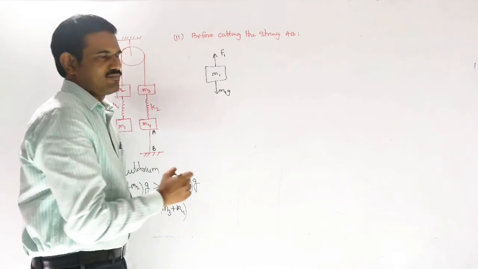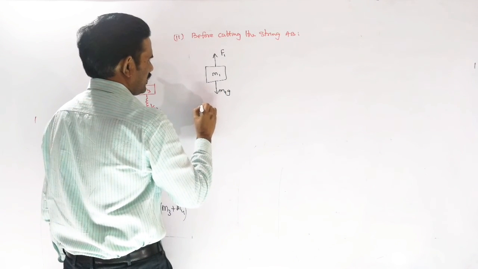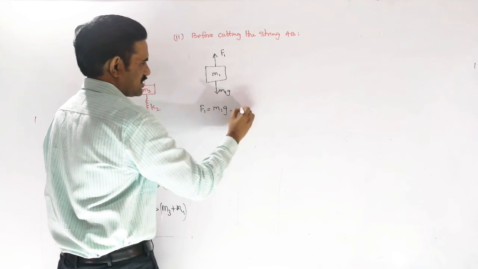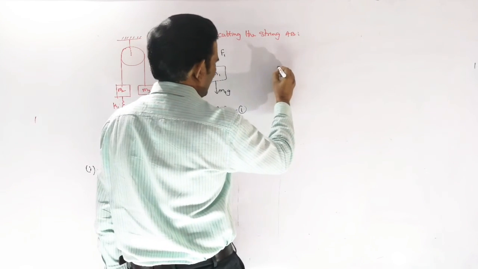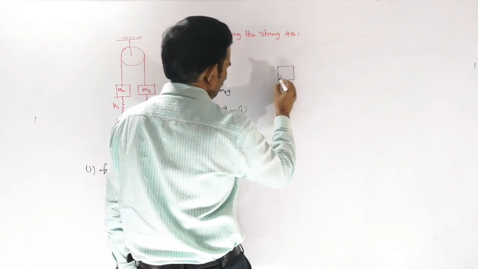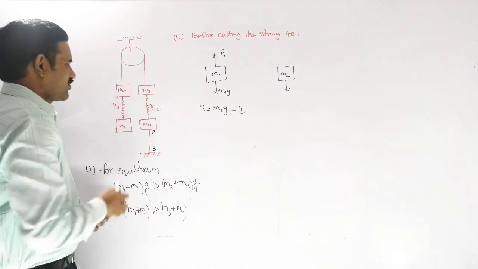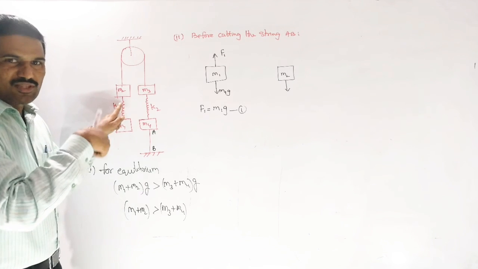It is in equilibrium, right? So what we can write here is F1 is equal to M1G. This is equation 1. Next, I am taking the free body diagram of M2. The forces acting on M2 are the weight of this block, and this spring force will also be there in the downward direction.